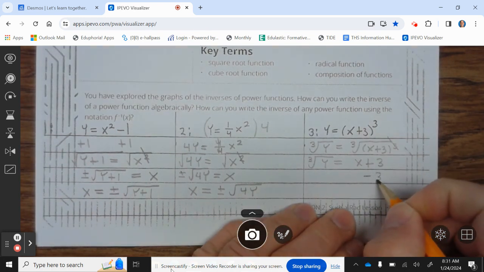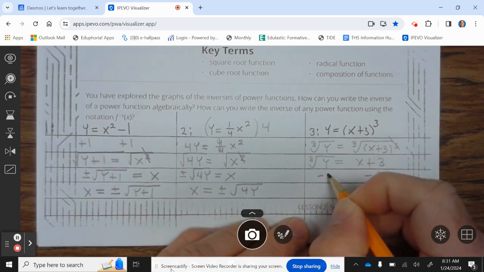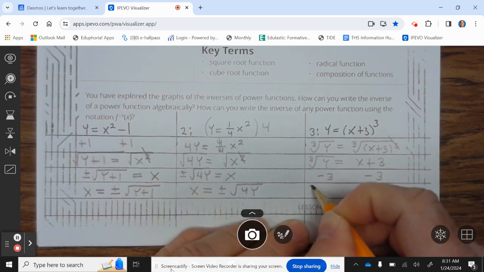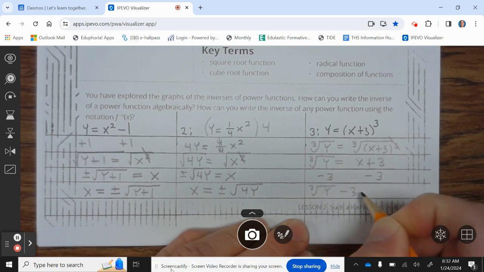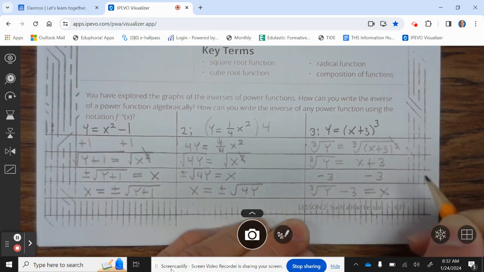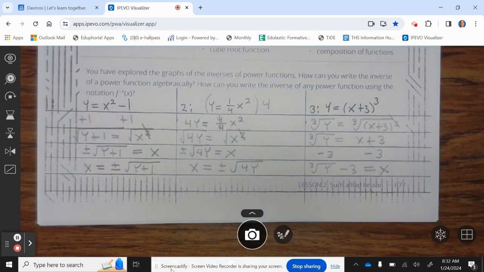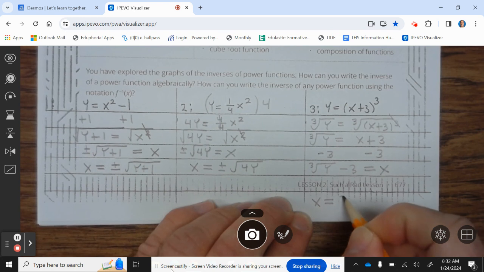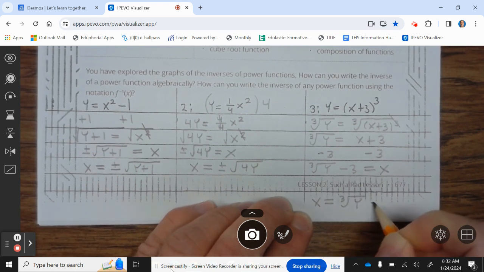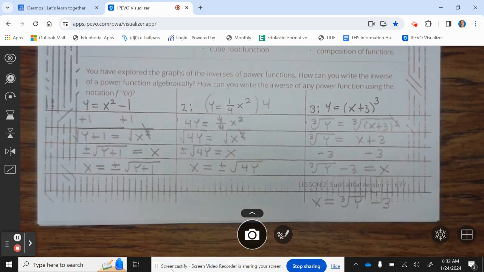Subtract 3 from both sides. You get the cube root of y minus 3 equals x, which can be rewritten as x equals the cube root of y minus 3. All right, go ahead and finish that up.